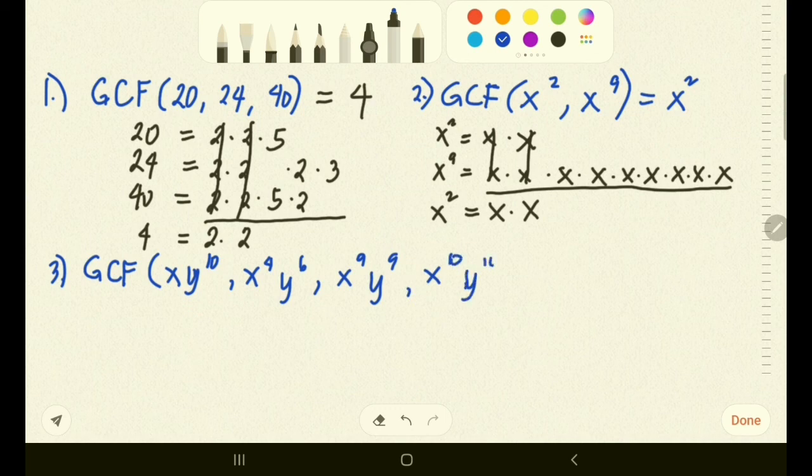Just what I told you, you just pick the variable who has the least exponent. Among the x, x is the variable who has the least exponent. So x. And then for y, you have your y to the power of 10, 6, 9, and 10. So meaning y to the power of 6 as the least exponent.